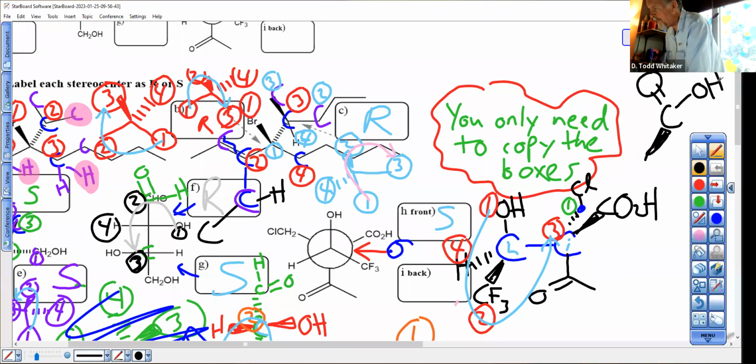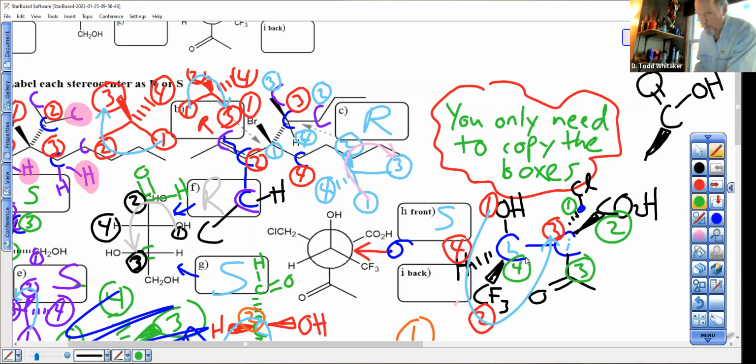That carbon has 3 bonds to O. I redrew it up there. 3 bonds to O beats 2 bonds to O beats 1 bond to O. Don't even talk to me about fluorine. We found a difference before you got that far. We broke the tie before we got to the fluorine.